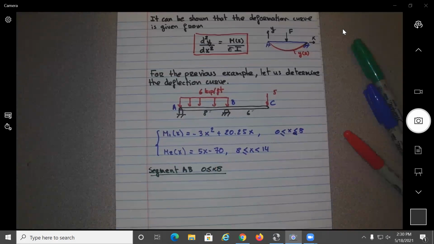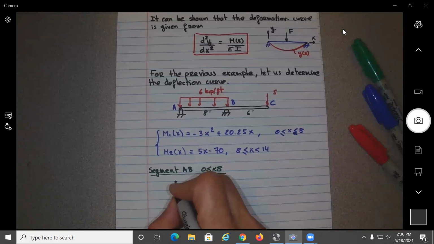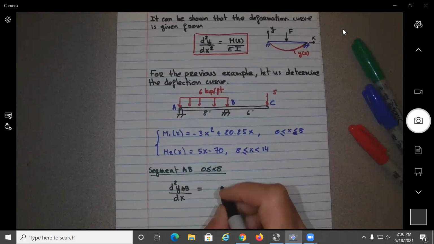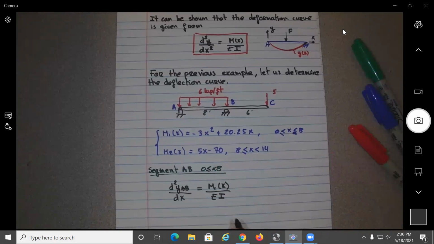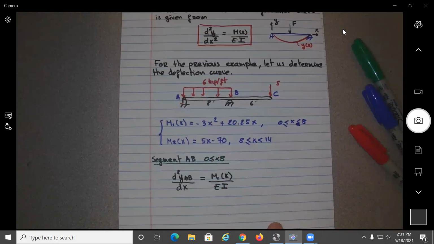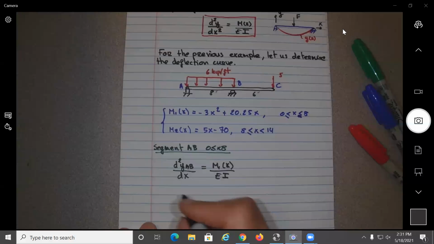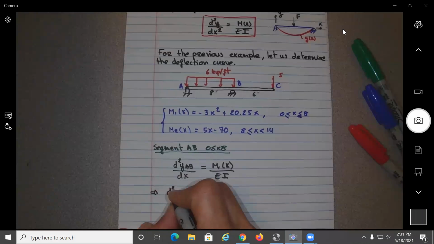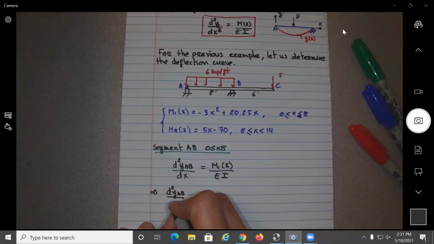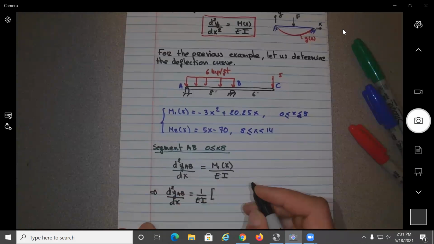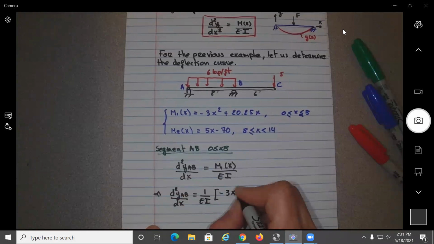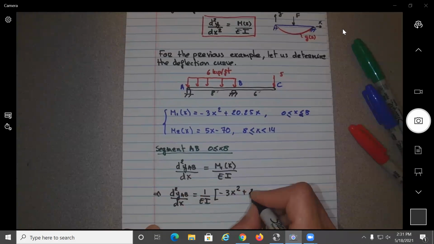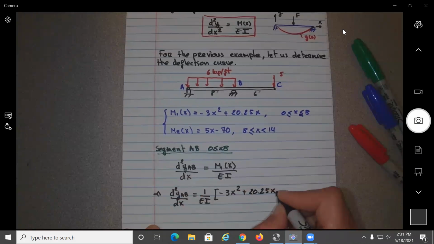We're going to have the second derivative of y for segment AB with respect to x equal to M1 of x divided by EI. So this will give d²y_AB/dx² equal to 1 over EI times M1, which is minus 3x squared plus 20.25x.